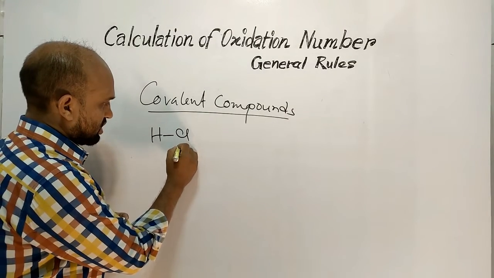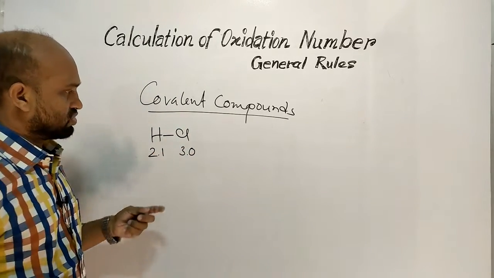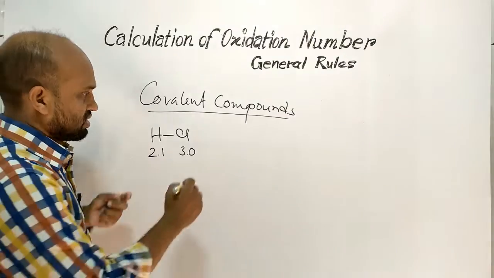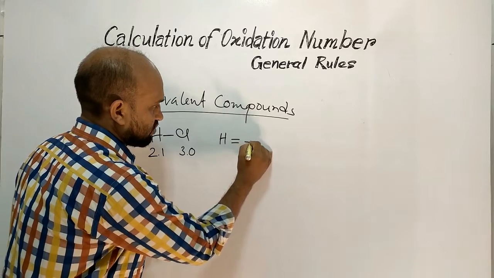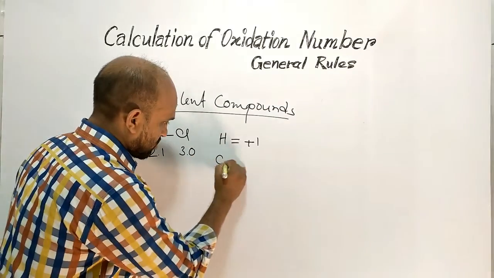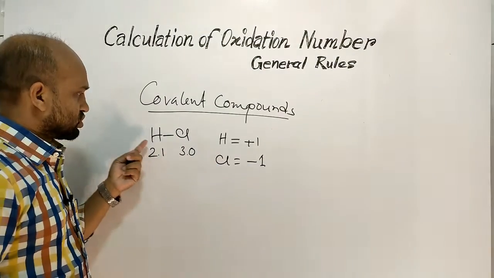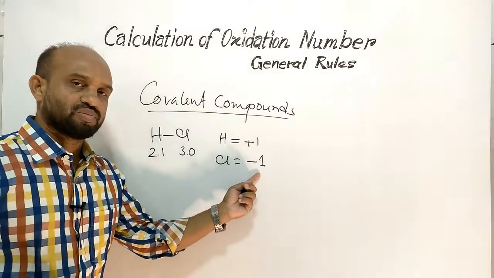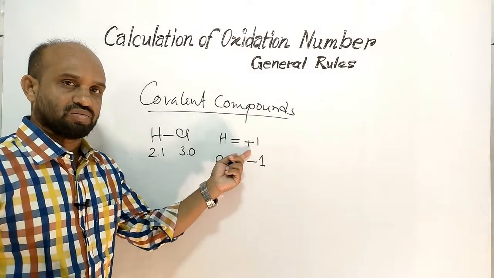Here, electronegativity of chlorine is 3.0, hydrogen is 2.1. So, chlorine is a higher electronegative element than hydrogen. That is why here the oxidation number of hydrogen is +1 according to the valency of hydrogen, and chlorine is -1 according to the valency of chlorine. So in covalent compounds, the electronegative atom will get a negative oxidation number and the electropositive atom will get a positive oxidation number.